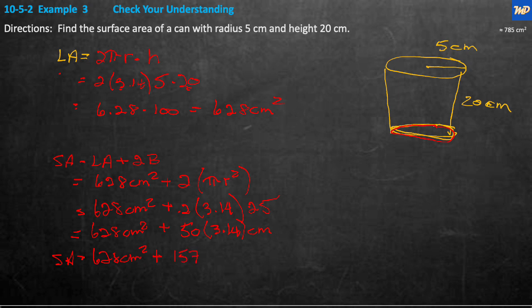I did it on my calculator because I'm not going to try to do that in my head. So the sum total of that is 628 plus 157, which is 785 cm squared. There it is.